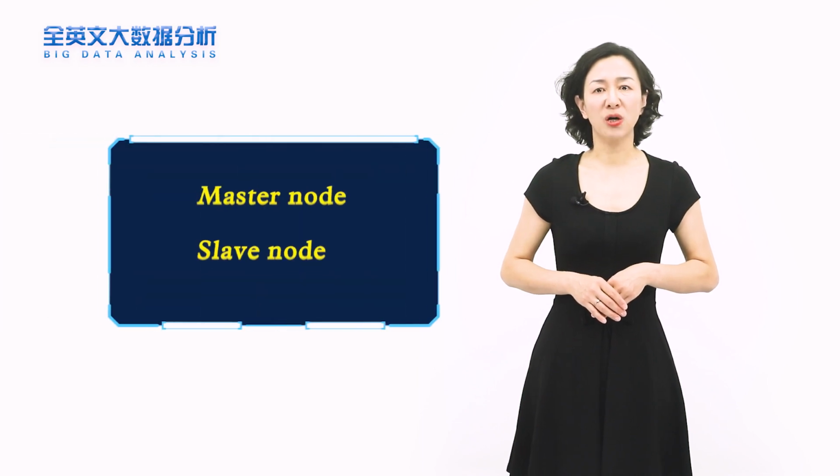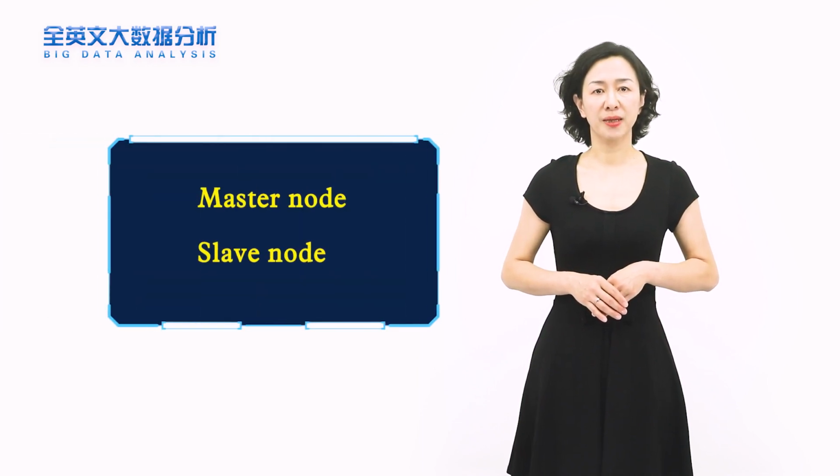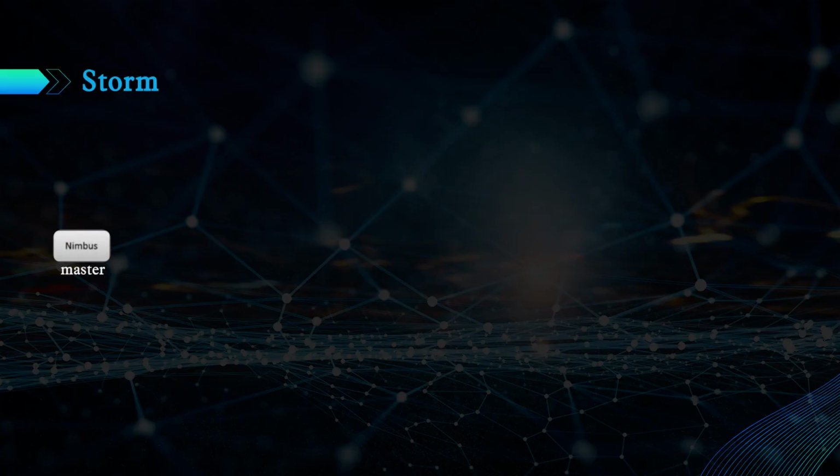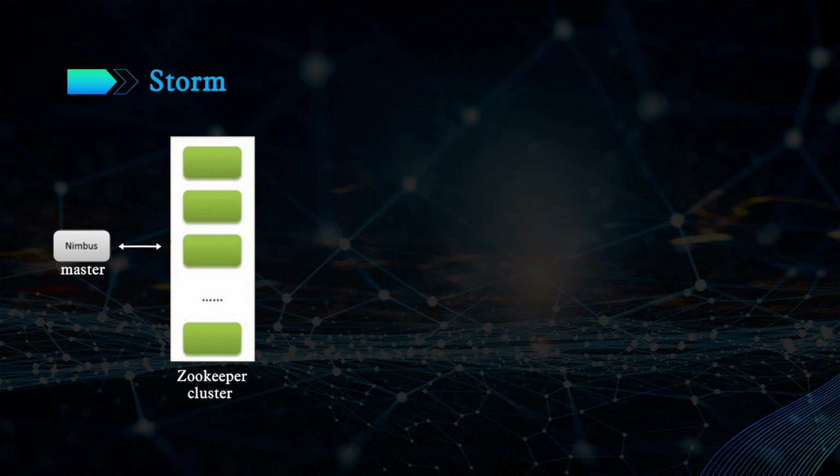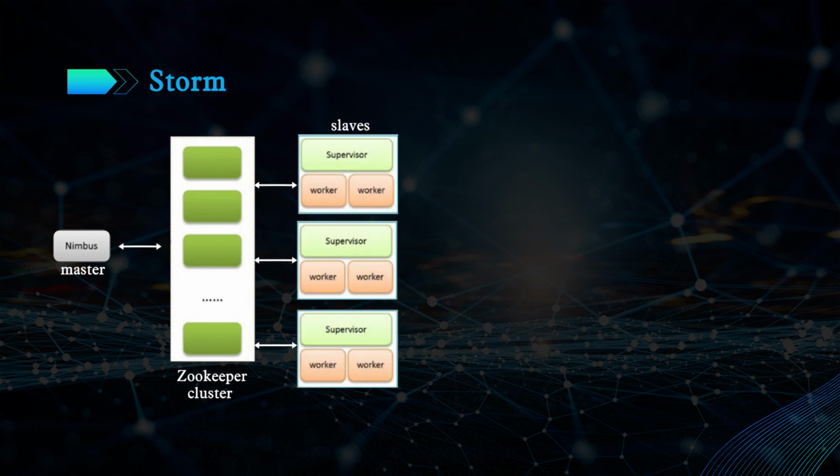STORM's computing system also adopts a master-slave architecture. There are mainly two types of node, master node and slave node. A Nimbus daemon runs on the master node like Hadoop's job tracker, responsible for task distribution and fault monitoring of the cluster.